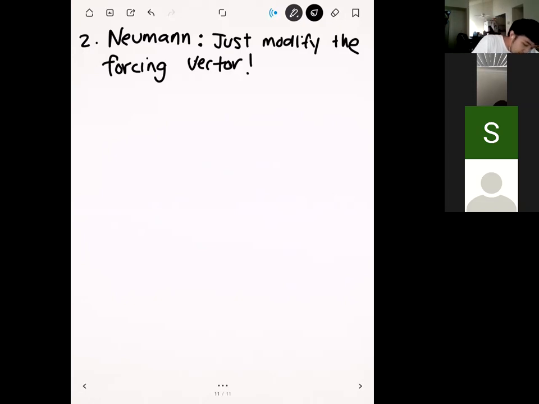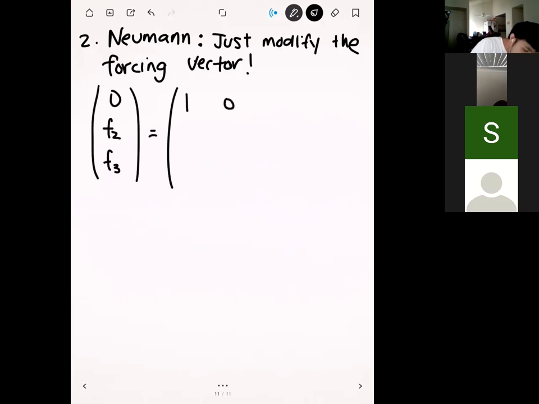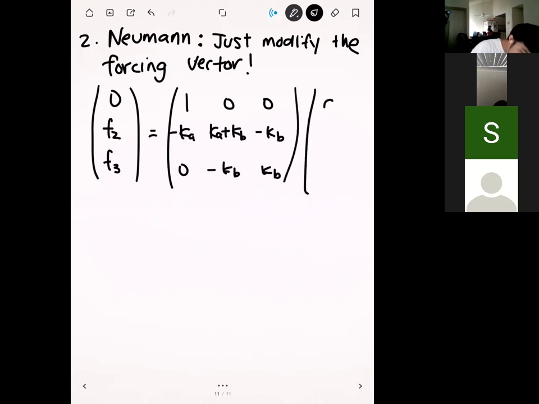Okay. And so let me redraw our system here. Right. So there's our linear system. Okay. And so I want to draw your attention to the forcing vector that's over here. Okay. And so the forcing vector, remember what these represent.